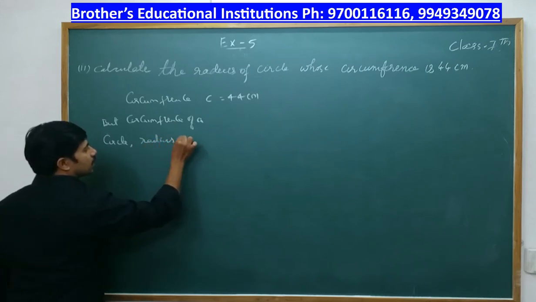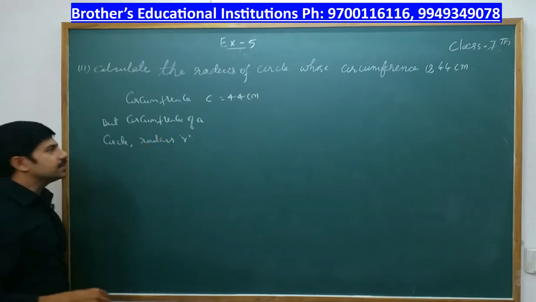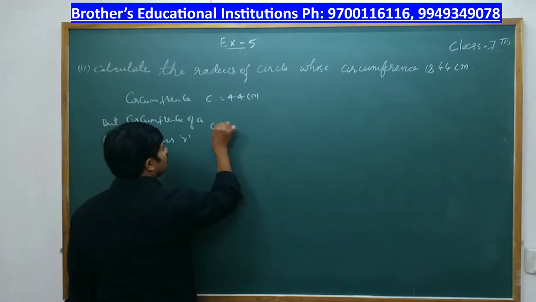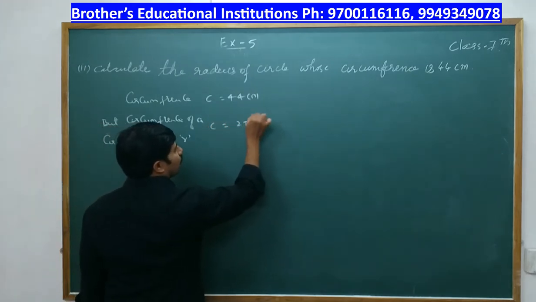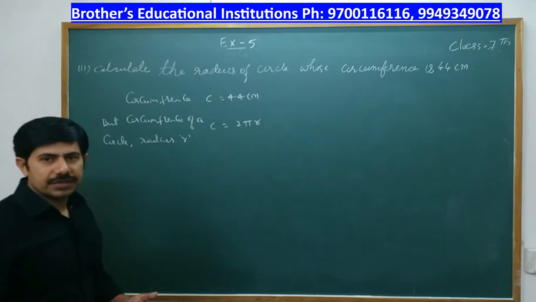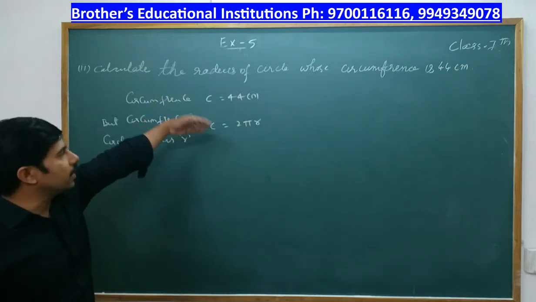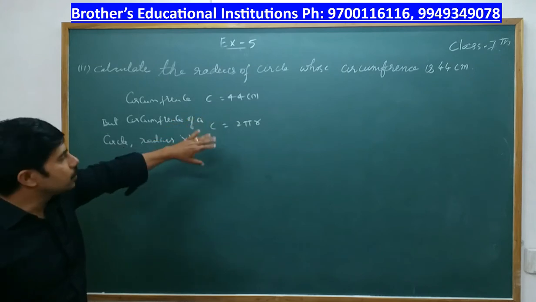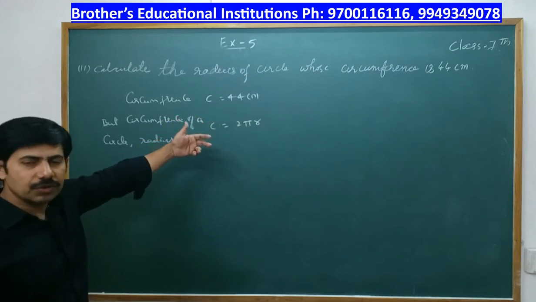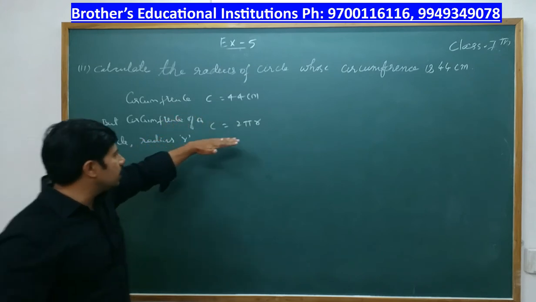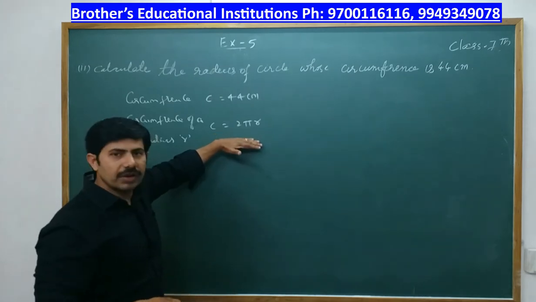It is nothing but 2 pi r. And the given circumference is 44. So both are circumference, so I'll equate the circumference of a circle to the given value.